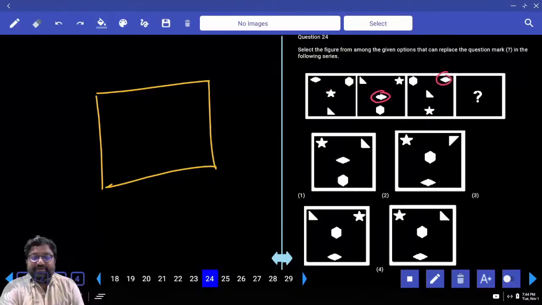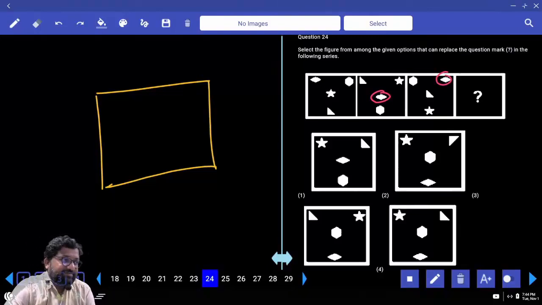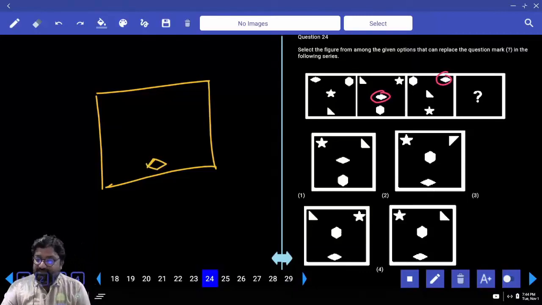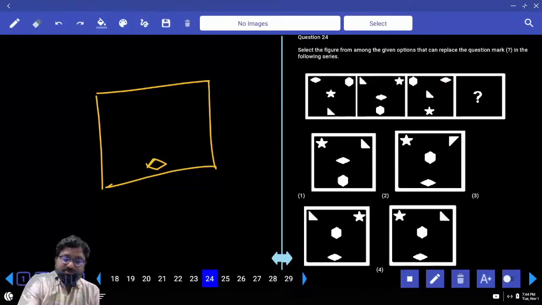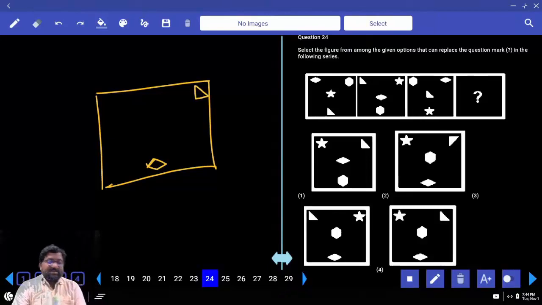The rhombus is also moving exactly in the same pattern in which the star is moving. So surely I should have the rhombus in this place. Next, what is the middle element? Triangle. This triangle should be in this place. Yes or no? So the top right triangle should be in this place, right?